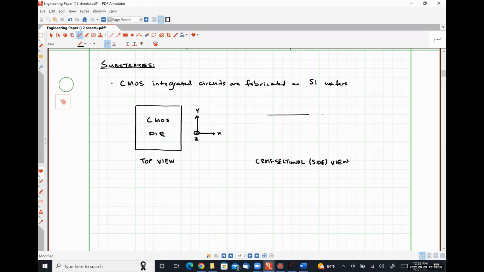That is simply the top surface of the wafer up here and the bottom surface of the wafer down here. And like I said a few moments ago, we're going to wind up using both of these views to figure out how things work together. And our local coordinate system for this view is that up is in the Z direction, out is in the X direction, and out of the page is in the Y direction.